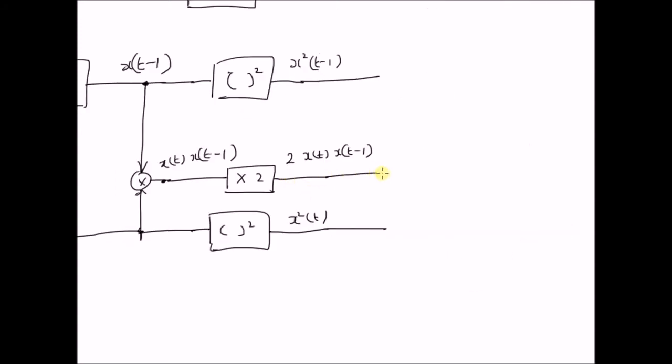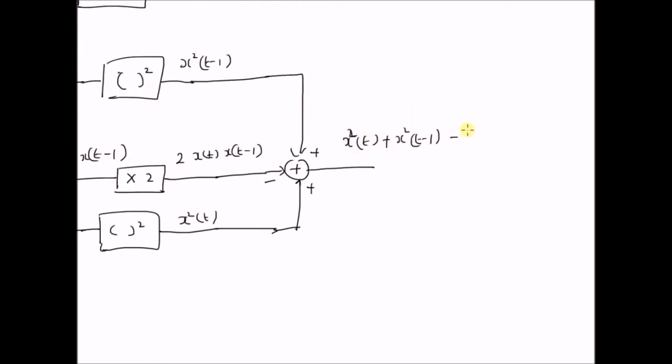Now at this stage, we have an adder that adds both the squares and subtracts the 2 times the product. So we add these 2 squares and subtract this product. So we have x square of t plus x square of t minus 1 minus 2 times x of t into x of t minus 1.